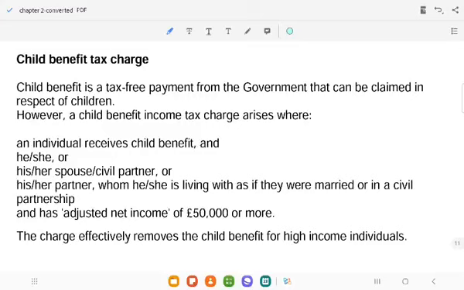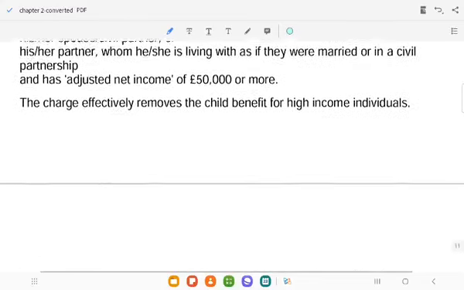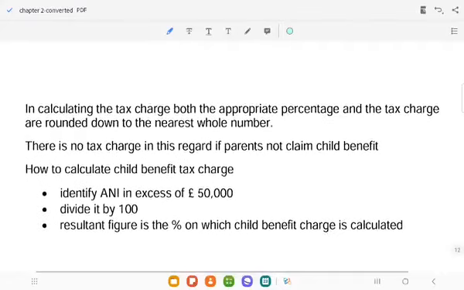But if his adjusted net income is 60,000 or above, then 100% of the child benefit he has received will be taxed as child benefit charge. But if the adjusted net income is between 50,000 and 60,000, you have to adjust the child benefit charge.